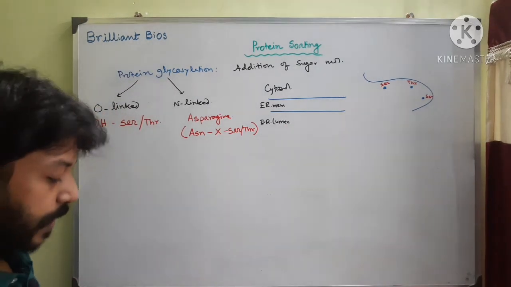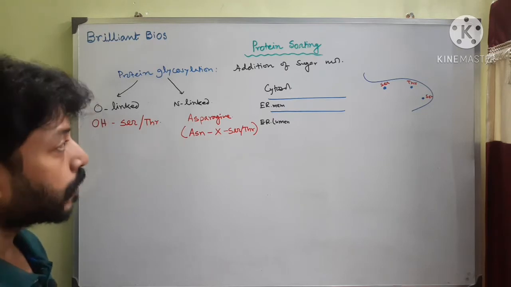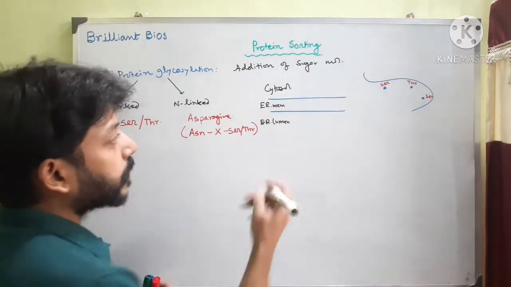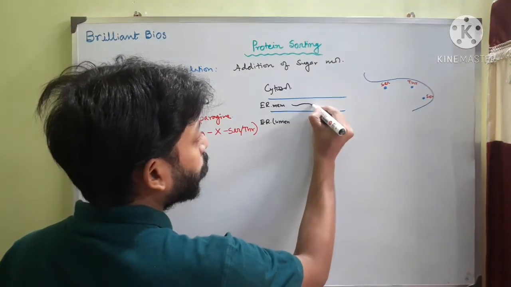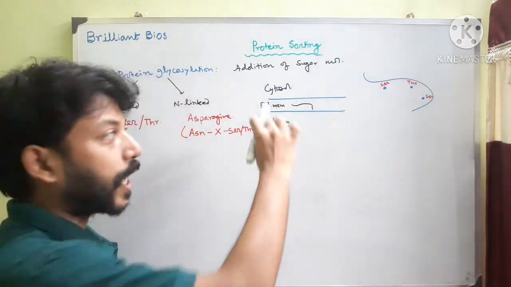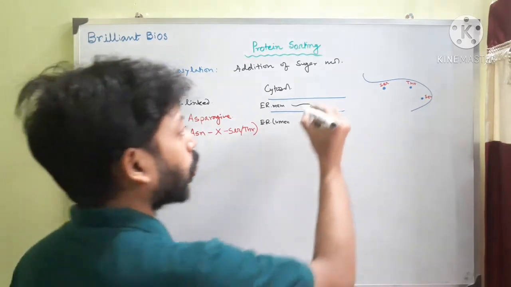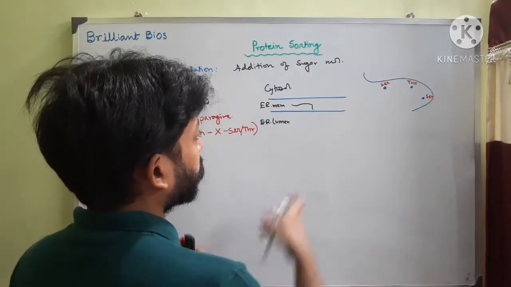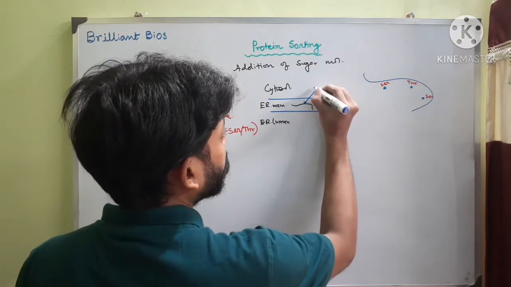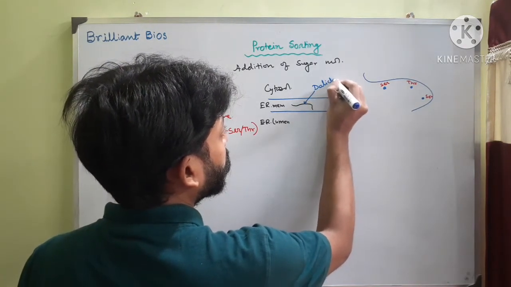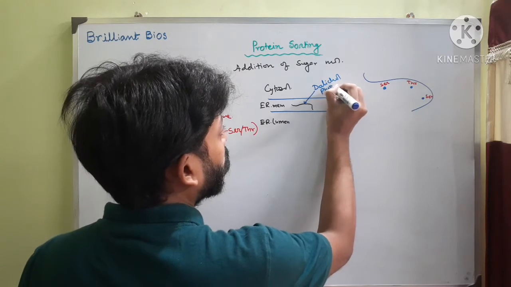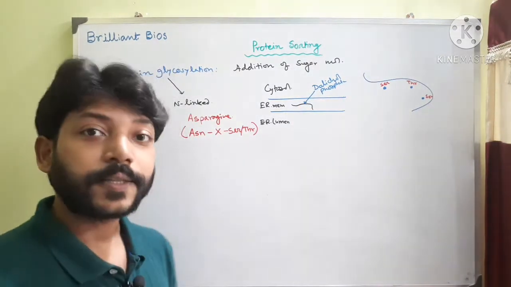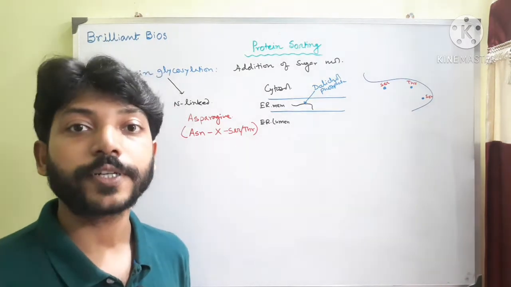In the endoplasmic reticulum, there is a lipid molecule present inside the membrane called dolichol phosphate. Now this dolichol phosphate is attached with different sugar molecules.